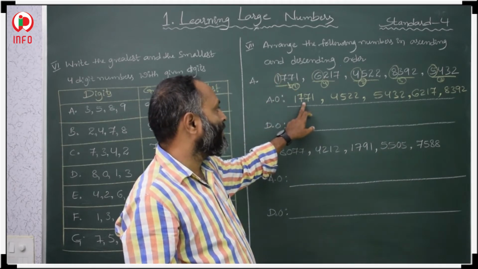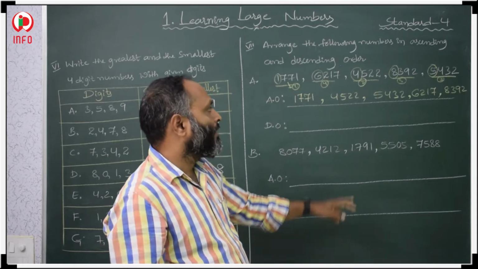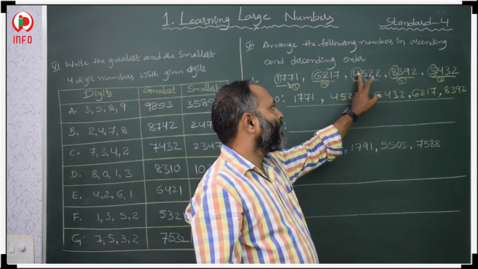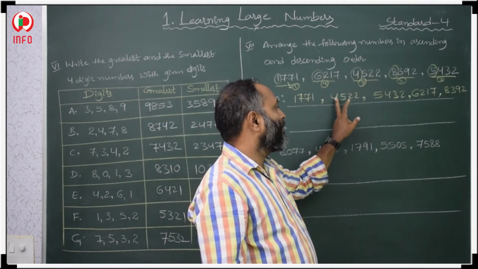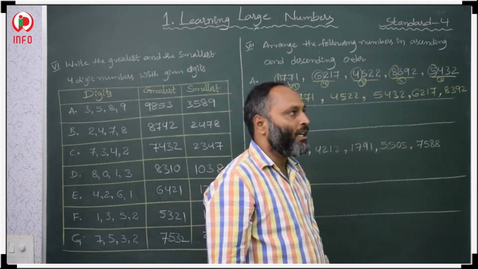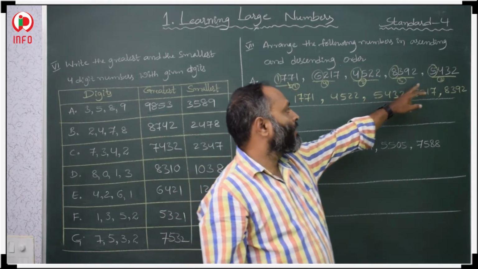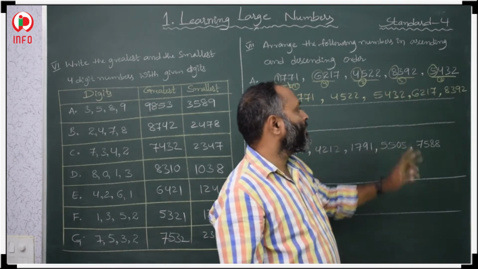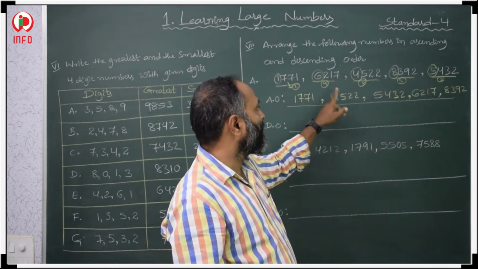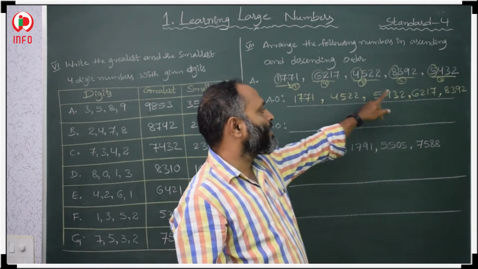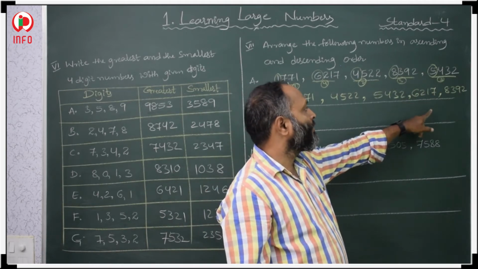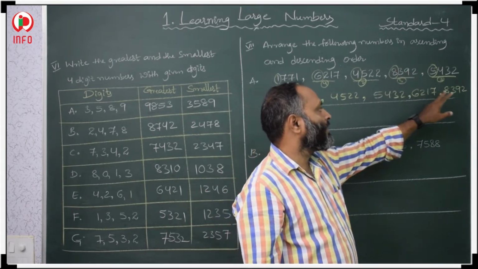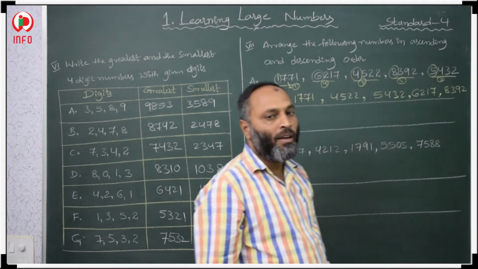Here 1771, and the second 4522. 4 is there here. 4522 is in second place, and third 5432, and fourth place 6217, and fifth place 8392. So in this order we have to arrange.